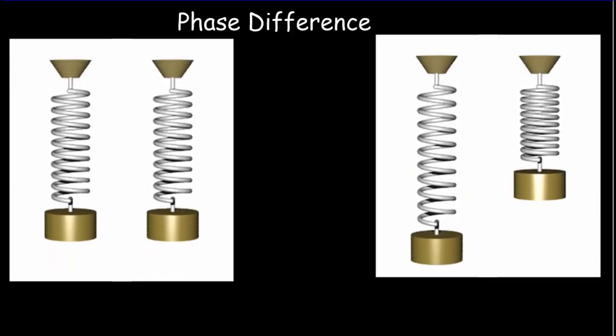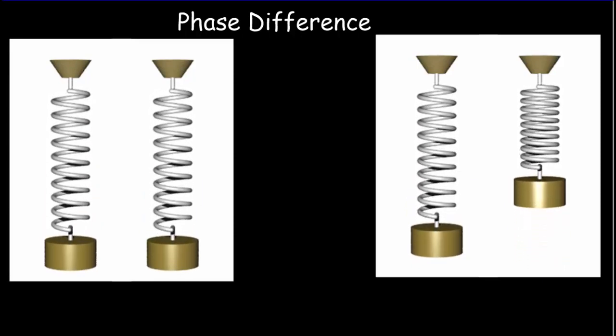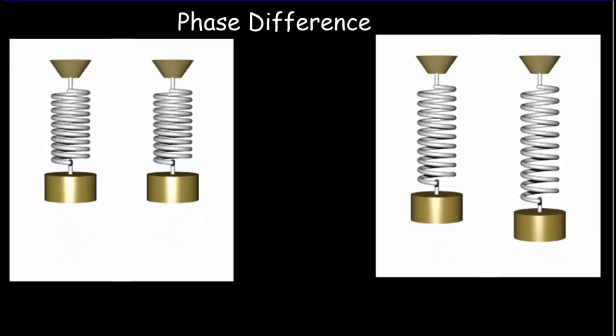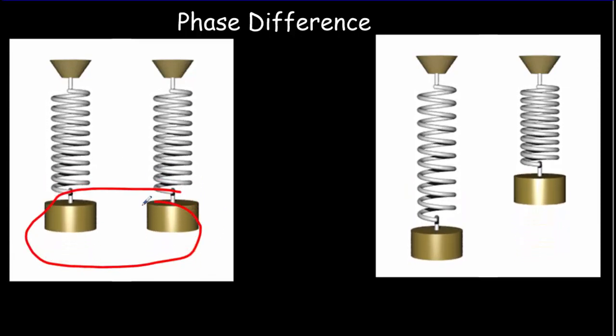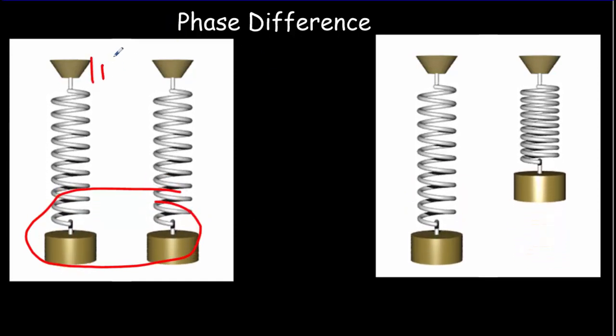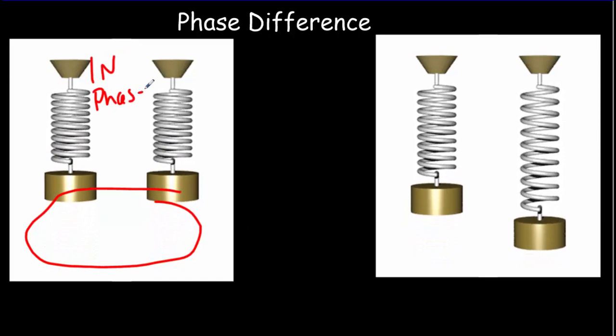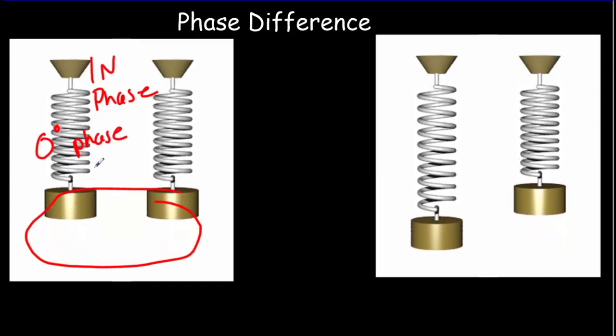When it comes to wave interference, it turns out the phase difference is a lot more important than the phase. And what we mean by phase difference is if we've got two objects that are moving exactly together, then there's no phase difference. We would say that they were in phase. Or we'd say it was a 0 degree phase difference.